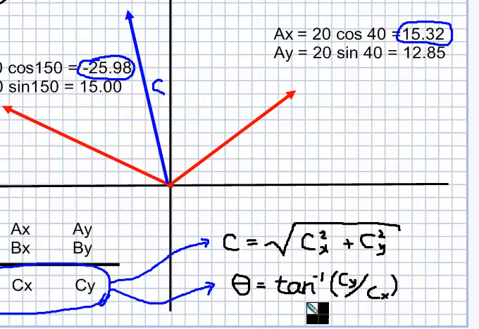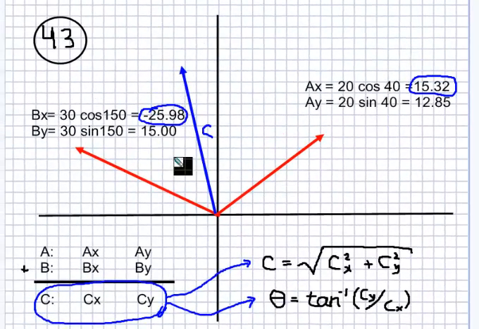Remember, when you inverse tangent, you always need to think about it, because the thing that you have figured out had better be, in this case, a quadrant 2 vector. There's always a chance because there are two inverse tangents that satisfy this equation, one in the second and then one 180 degrees away in the fourth, so make sure that your angle comes out as a second quadrant angle.